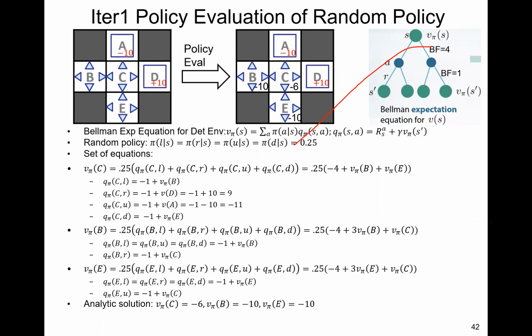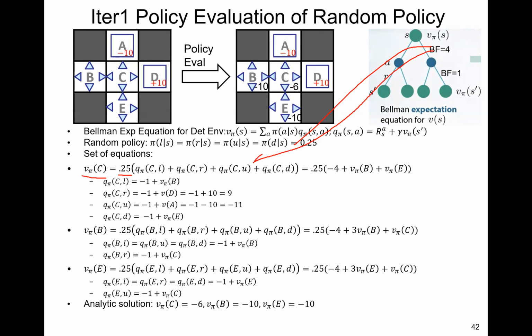And so based on the Bellman equation, we write out the value function for any state. Say state C is the expectation over the Q action value functions with a probability distribution of 0.25 each. So this corresponds to the branching factor of 4.